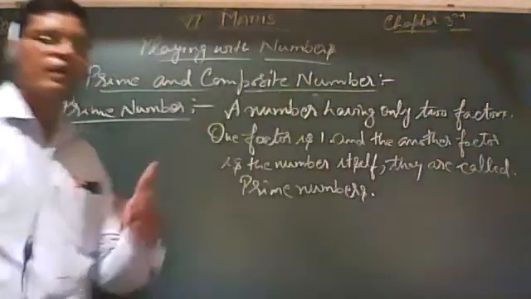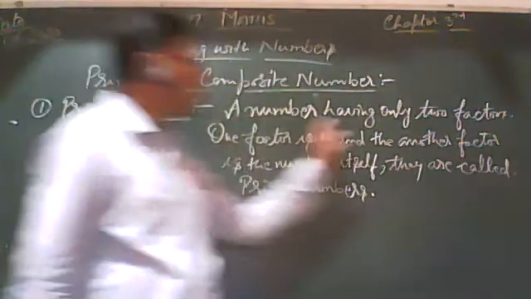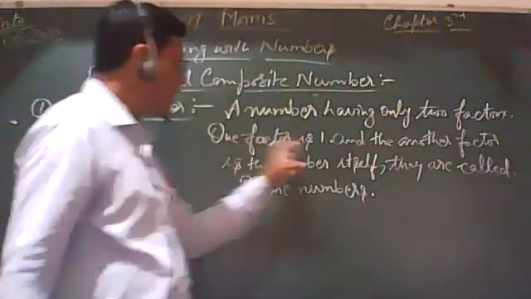Okay, it is clear. A number having only two factors. One factor is 1.